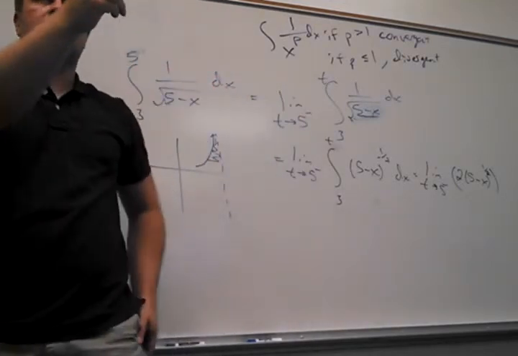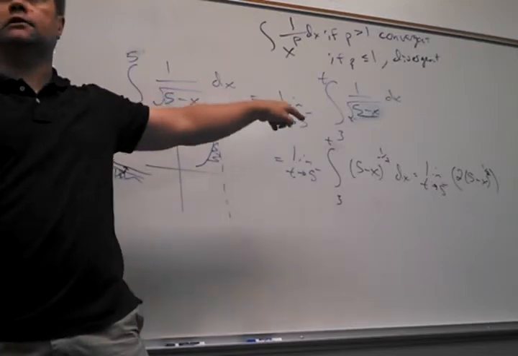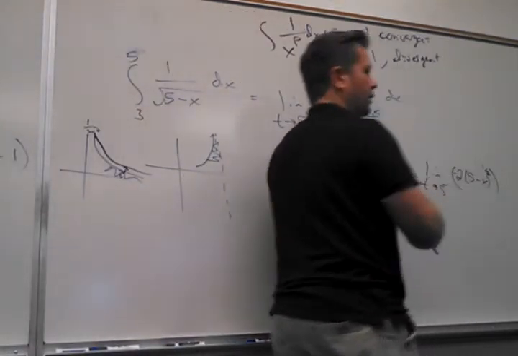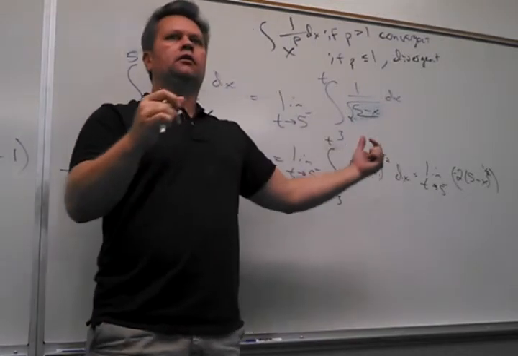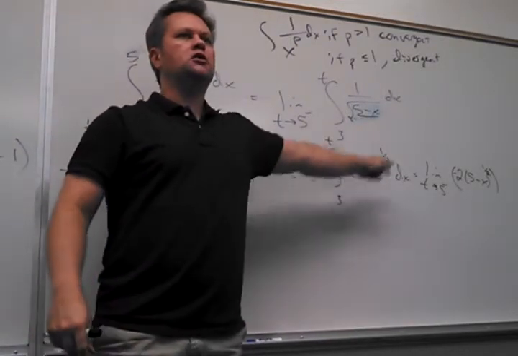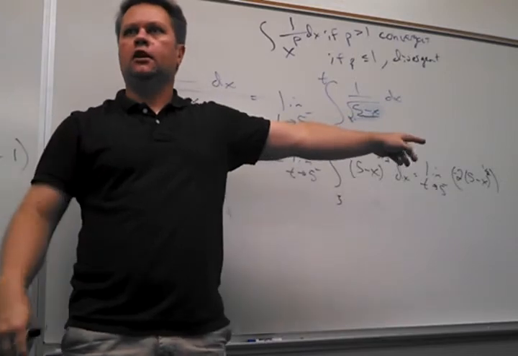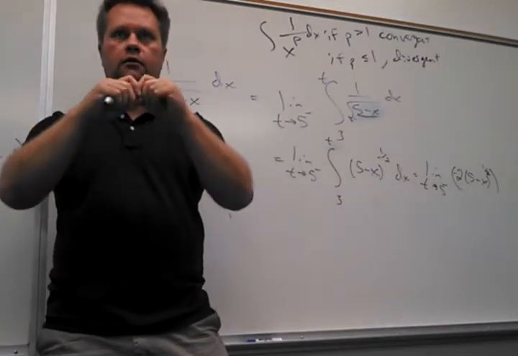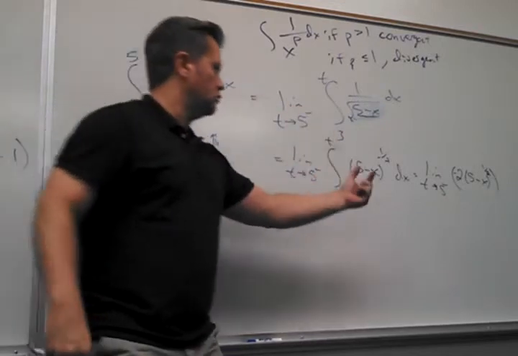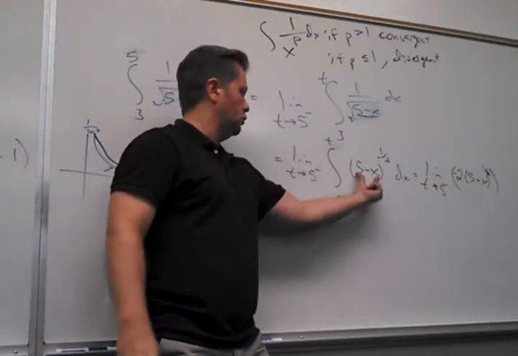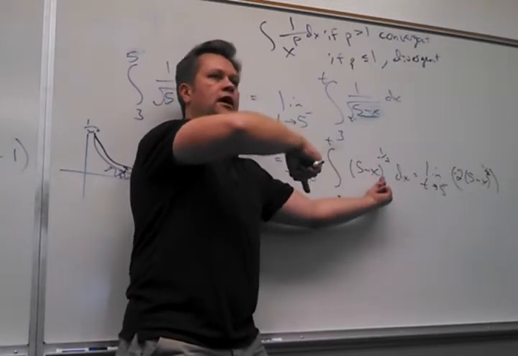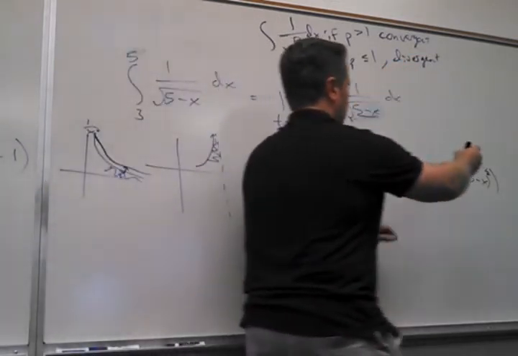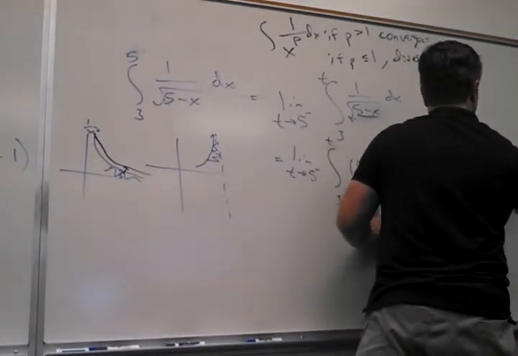It's got to be a negative outside, because there would be a negative that comes out when I take its derivative. If you're able to handle that, the interior is linear. I just have a -1 coefficient that has to be taken care of. If there was a 2, I would have had to divide by 2 to take care of that. Or you could just use u sub here if you really want to. That's fine. u equals this, du equals negative dx. That's where the negative comes from. Either way. And now this is from 3 to t.